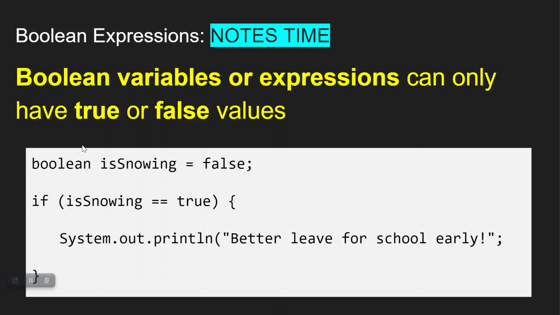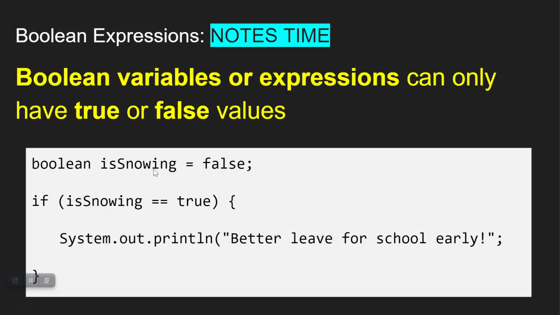So down here we have a Boolean variable called isSnowing, and it's being assigned the value of false. So pretty straightforward. But down here it says if isSnowing equals true. This is what's called a Boolean expression, which means that this expression is going to evaluate to either true or false.